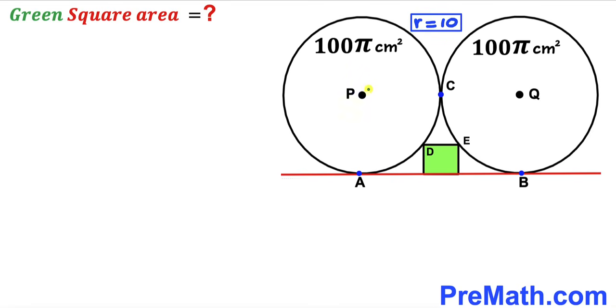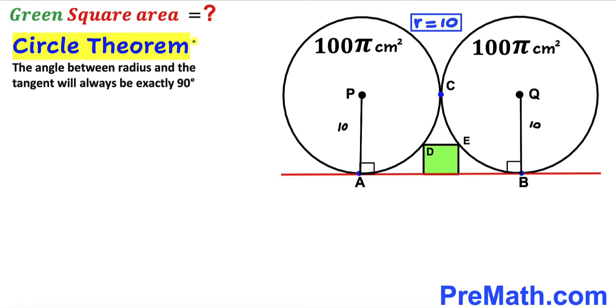In this next step, I am going to connect this center P with this point A, and likewise this center Q with this point B. These are our radii as well, and we know our radius r is 10 centimeters, so this is 10 and this is 10 as well.